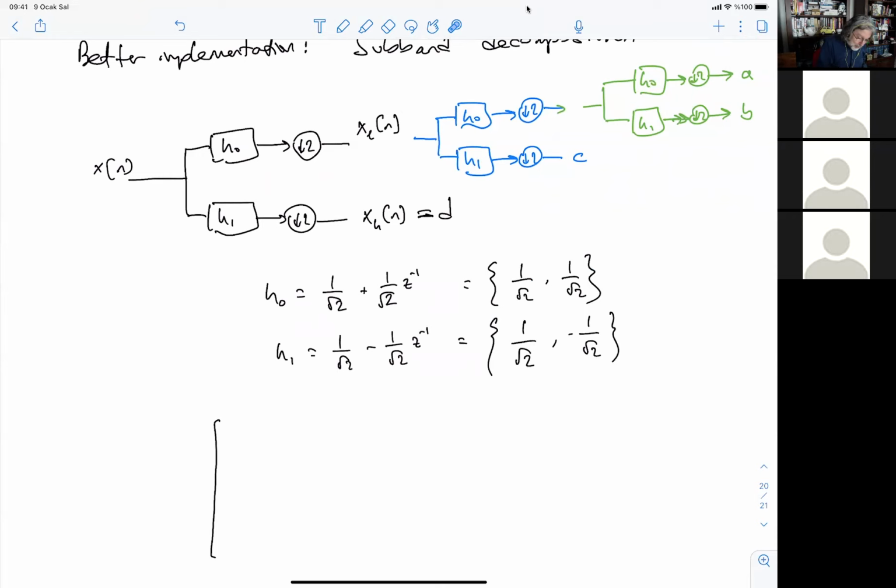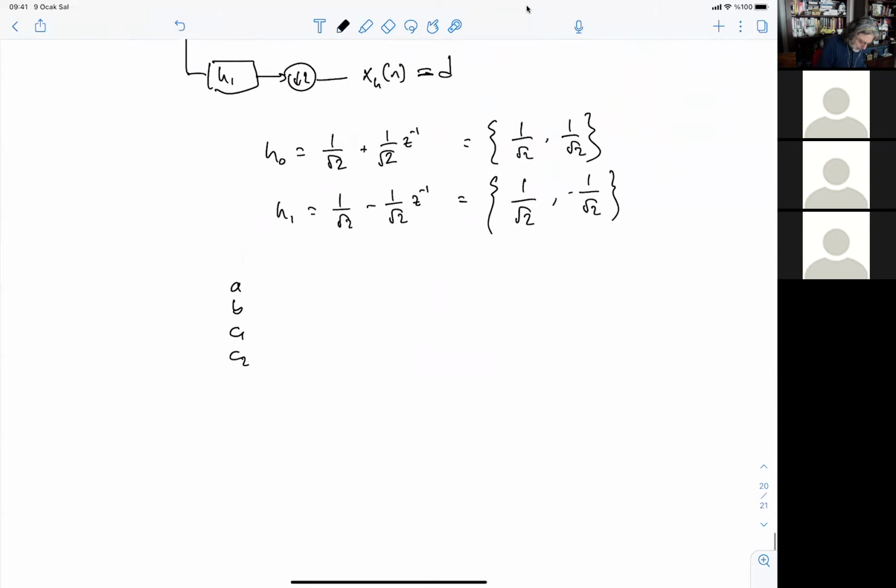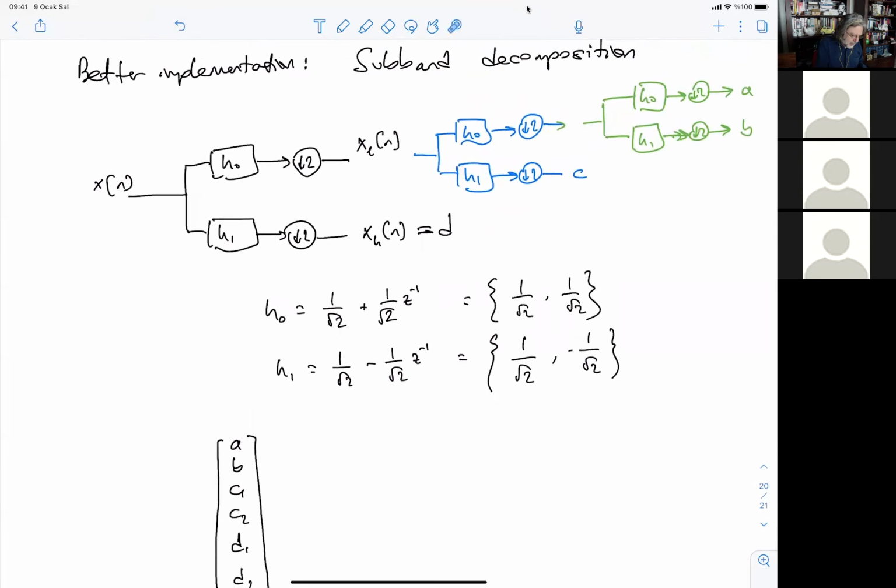So I'm going to write them that way. Then I will have A, B, C1, C2. It's not long enough, unfortunately, so I will erase it. And then D1, D2, D3, and D4. So this will be the output vector if x of n is periodic with 8.